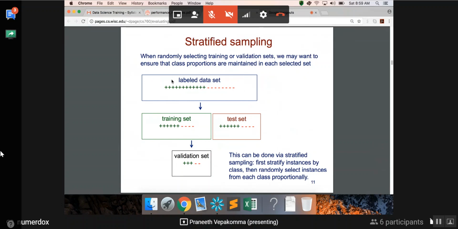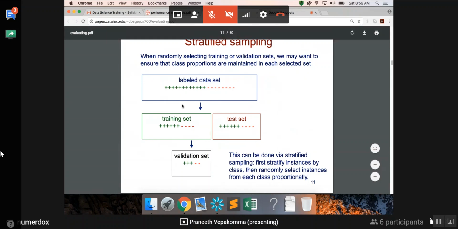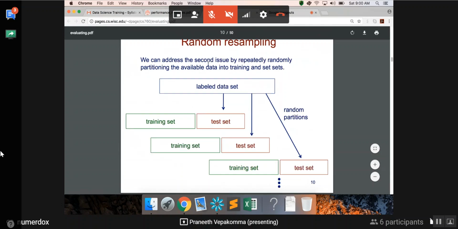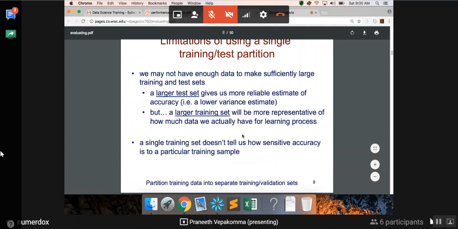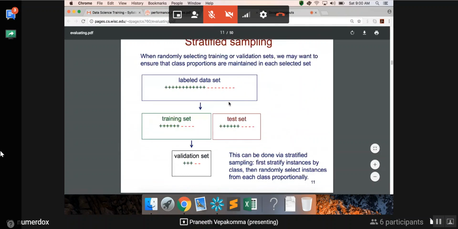If you have an unbalanced data set, then stratified sampling tries to sample in a partial way so that it will resample more from the minority, and less from the majority, so that in your training and test set you will have a little more balance in terms of the 2 classes. And then you apply all your techniques. So stratified sampling helps. It's an option.